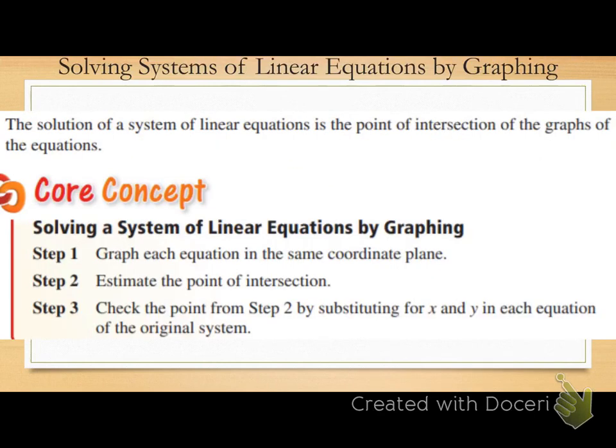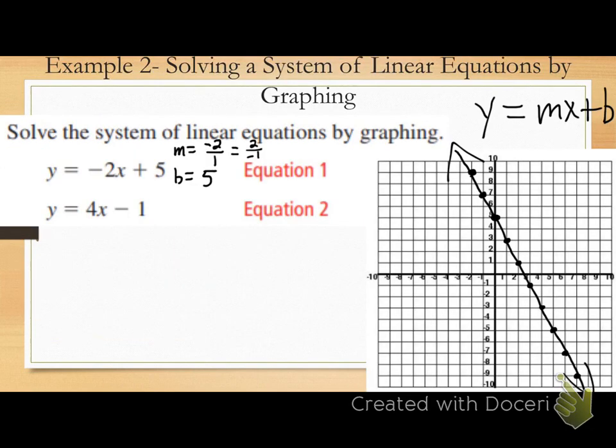Now, I need to graph equation 2. I'm still on step 1 of my steps to solving by graphing, correct? I've got to graph both equations on the same coordinate plane. So equation 2. What's my slope here? 4 over 1. What's my y-intercept? -1.